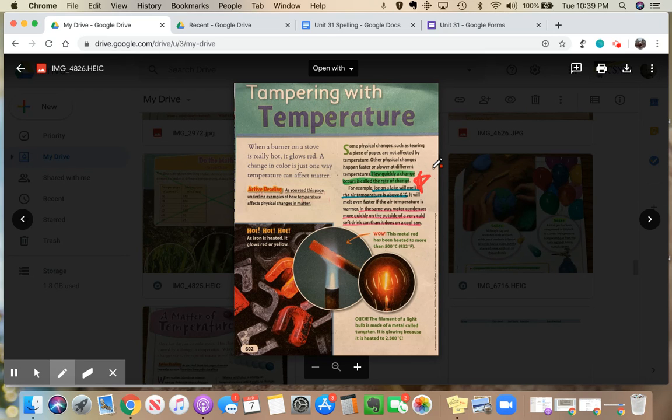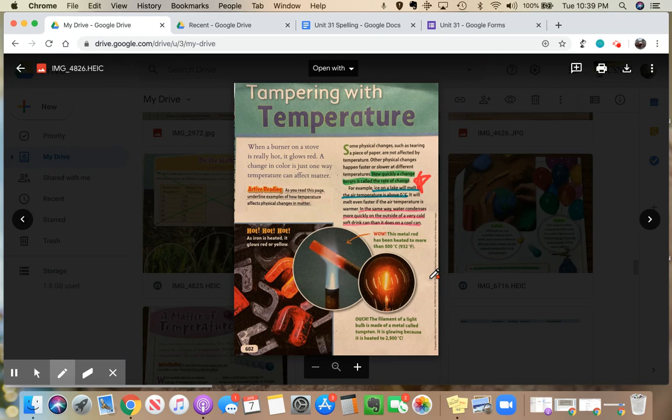It's of that little light bulb down there. This filament of a light bulb is made of a metal called tungsten. It is glowing because it is heated to 2,500 degrees Celsius. You guys, that's extremely hot. Like, extremely. Trust me.